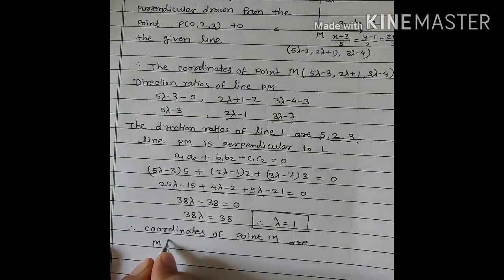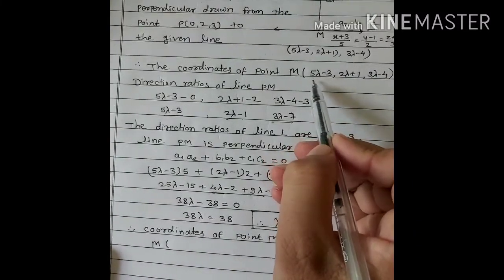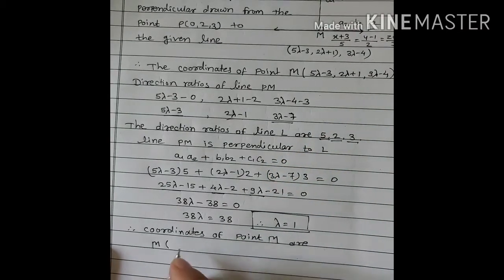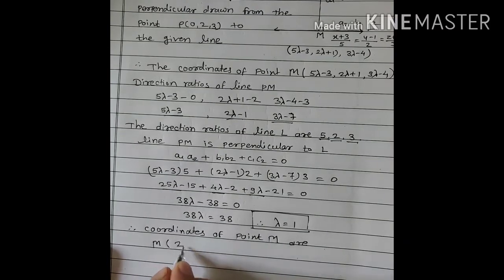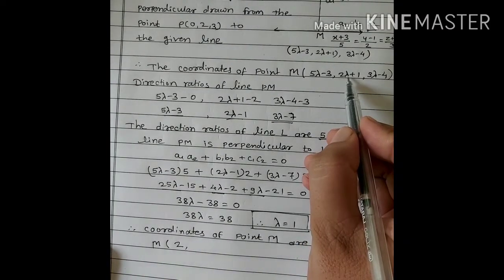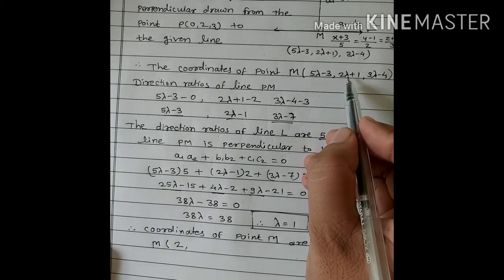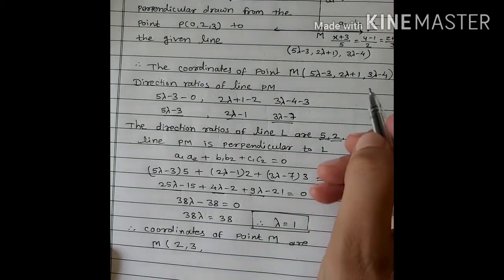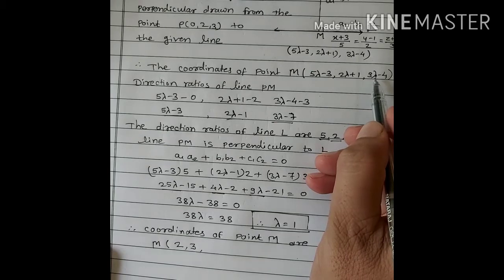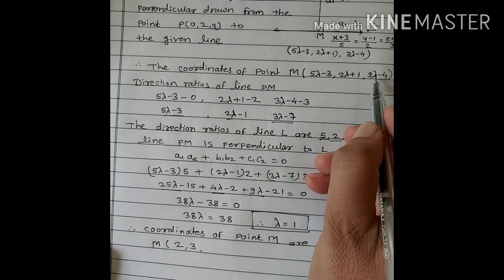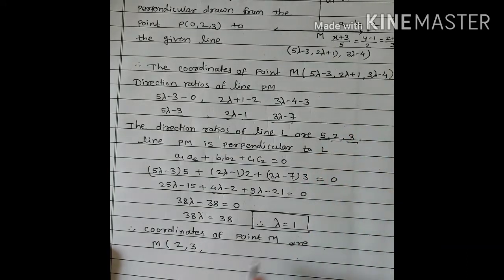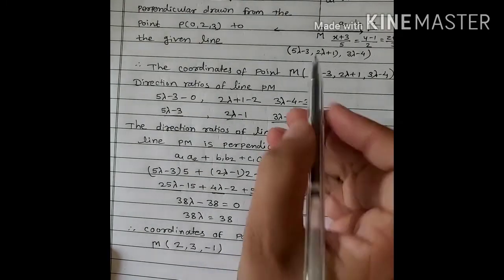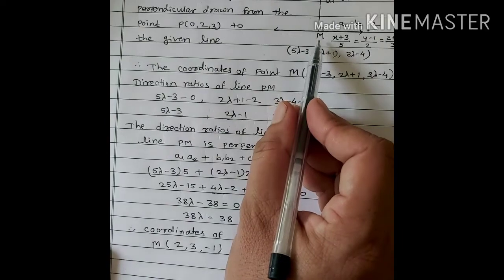M coordinates: lambda value 1, 5 times 1 is 5, 5 minus 3 is 2. Next, lambda value 1, 2 times 1 is 2, 2 plus 1, that is 3. Next, lambda value 1, 3 times 1 is 3, 3 minus 4 difference is minus 1. Coordinates for point M, that is the foot of perpendicular, is obtained.